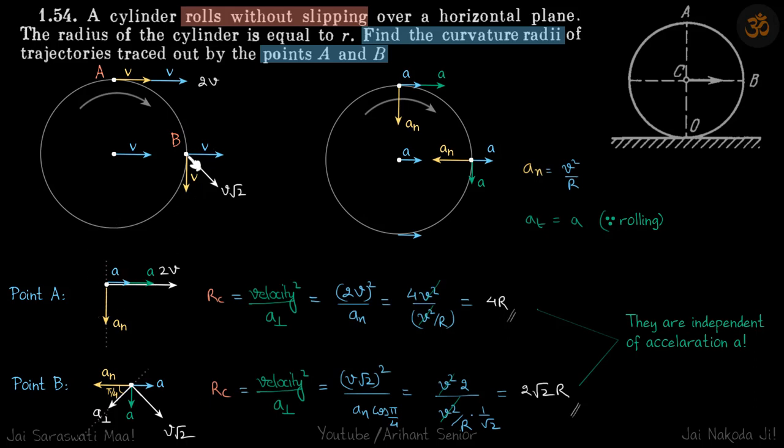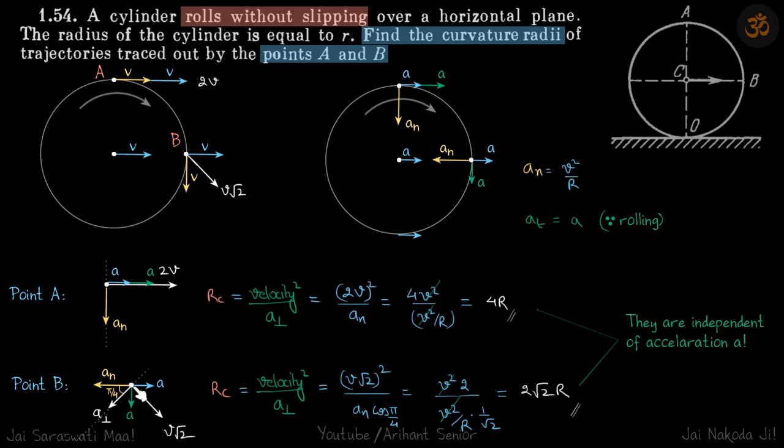Now B is a bit trickier. Here the velocity is in this direction. Again, let's draw the three accelerations: this is an, this is a, and this is also a. We need the component of acceleration perpendicular to velocity. This is the line perpendicular to velocity, so the acceleration component a perpendicular should be along this line.